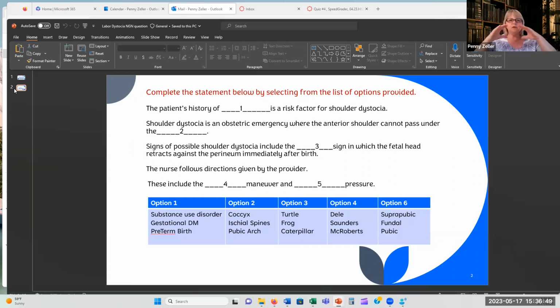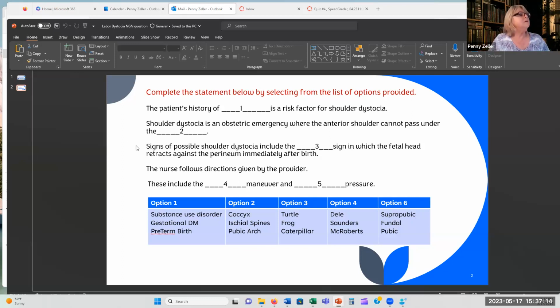If you look at the structure of the pelvis, the pubic bone is shaped like this, and the arch is in the center. When the baby hyperextends the head in delivery, we can bring the head up, but then the shoulder doesn't follow. And I've got pictures to show you. Okay, so pubic arch.